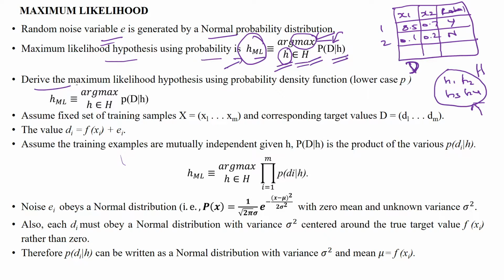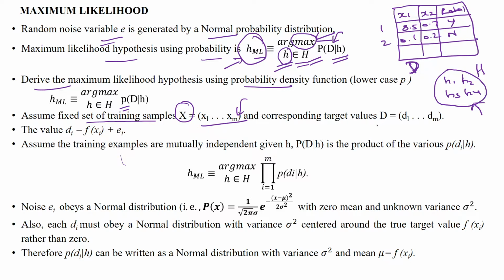We can derive it using the probability density function, small p. We take a set of training samples x1 to xm, which are m samples with two features.